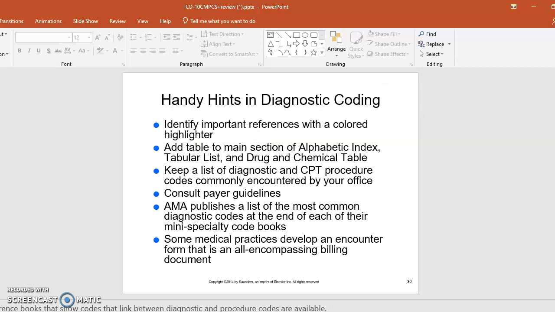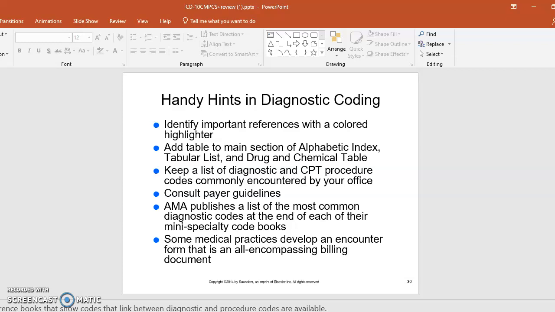Okay, so we're kind of finishing up here. Handy hints: identify important references, add tables to the main section of your alpha index. Again, we have a tabular list, drug and chemical table. And then a lot of times they tell you, once you get out in the workforce, keep a list of your diagnostic and CPT procedures that you use a lot.